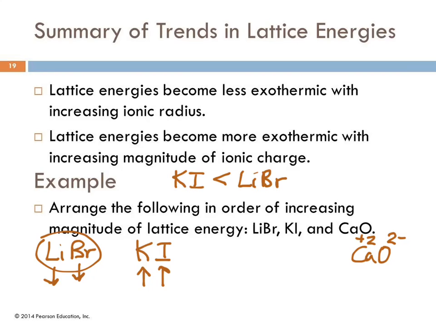Calcium is most similar to lithium or to potassium? It should be similar to potassium because it's right next to it on the periodic table. It's going to be a little smaller, but not as small as lithium. So this is similar to potassium. And oxygen, we had bromine and we had iodine.